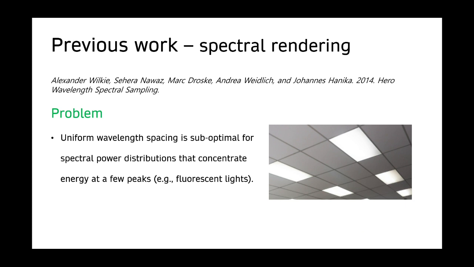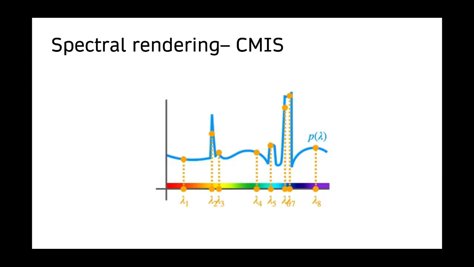However, its uniform wavelength spacing is suboptimal for spectral power distributions that concentrate energy at a few peaks, such as fluorescent light. This problem is solved very simply by applying SMIS.